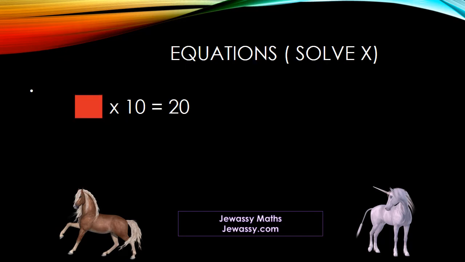So here is a typical sum that we would have got in primary school, and they would have said find the missing value of this sum. And so this is our missing value here. What times 10 equals 20? And we would have worked it out in our minds: well, what times 10 would give me 20? Well, it's 2 times 10. 10 can go into 20 twice.